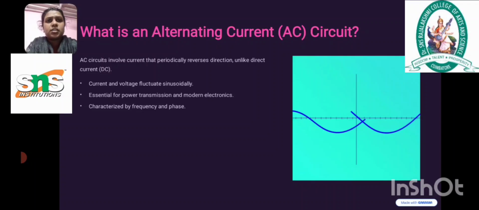This contrasts with direct current (DC) circuits, where the current flows in one direction. Current and voltages fluctuate sinusoidally, which is essential for power transmission and modern electronics, and is characterized by frequency and phase.